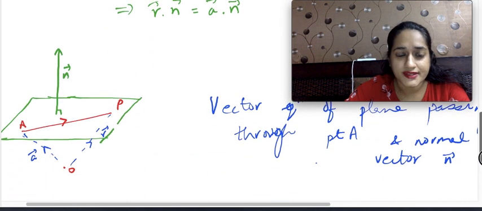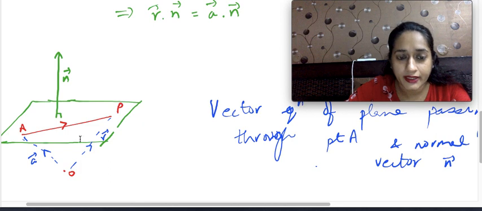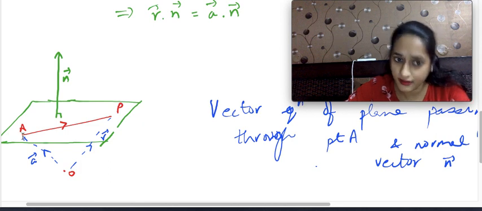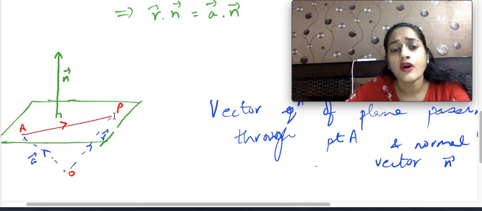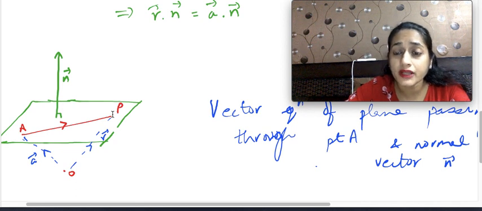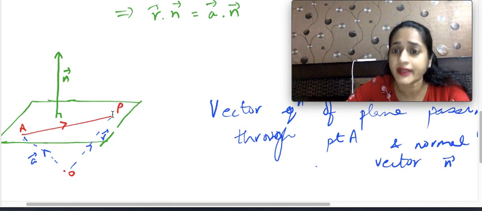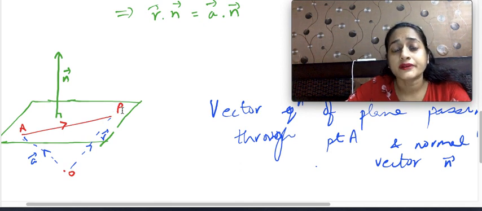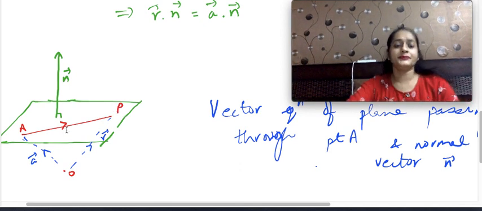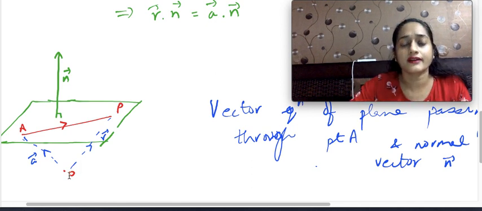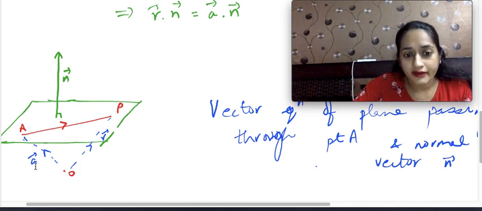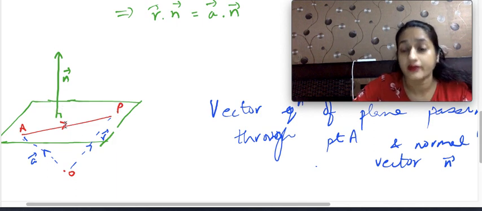Now see, if this is my plane, and a is a point on the plane and p is some arbitrary point. By convention we take a as the passing point, be it a straight line or a plane, and p represents an arbitrary point. Now o is the origin. So oa is vector a, and op, the position vector of p, is r, and this n is the perpendicular vector.